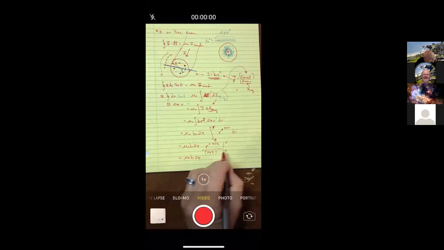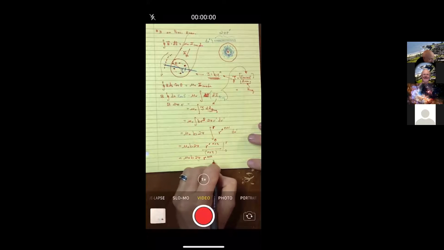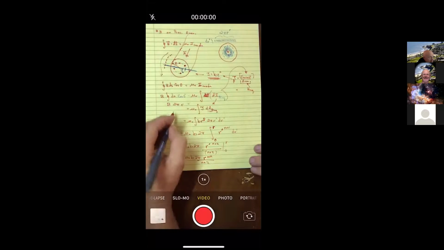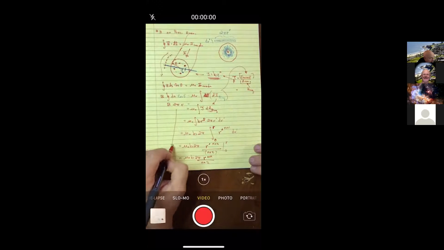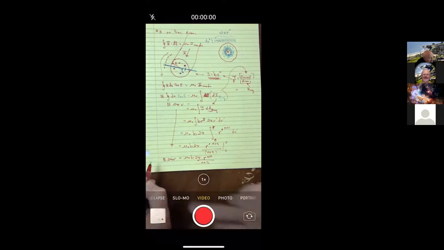If I put in the limits, then this r prime actually becomes an r, and I'll put it as n plus 2, still divided by n plus 2. Now remember, on this side of the equation, I haven't been writing it down, but this is a B times a 2 pi r.